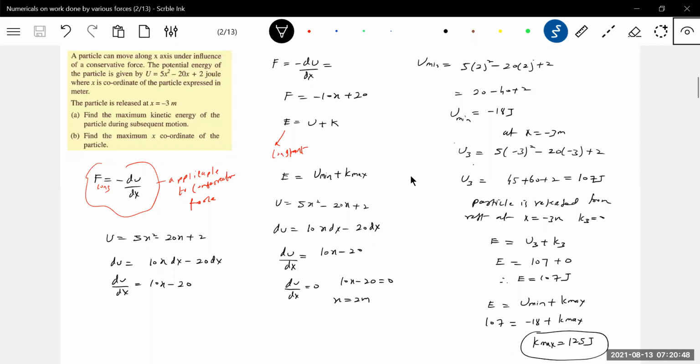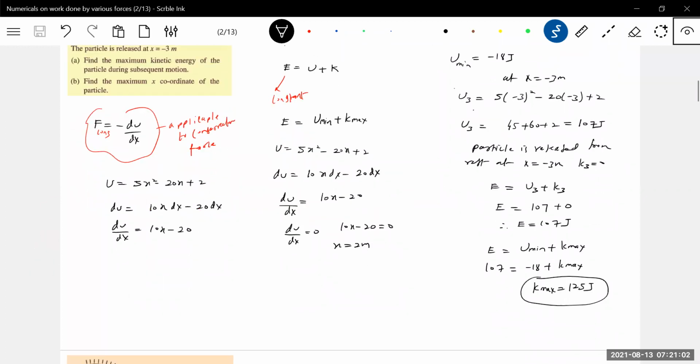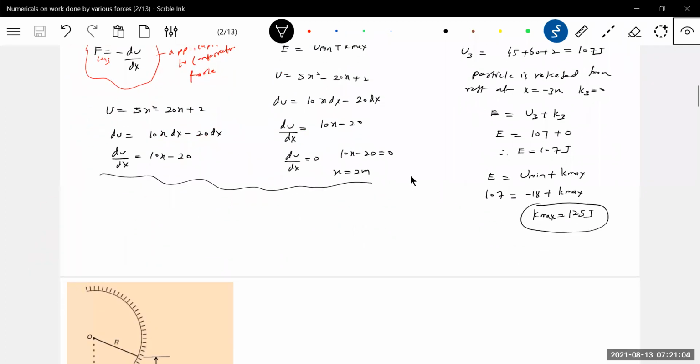Yes, sir. When U becomes equal to 107 joules, kinetic energy must be 0. Then with that we'll calculate the maximum x coordinate. I'll proceed here.